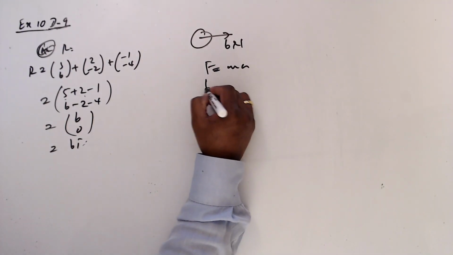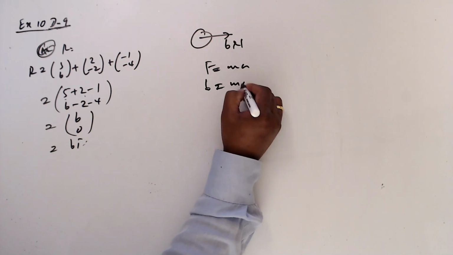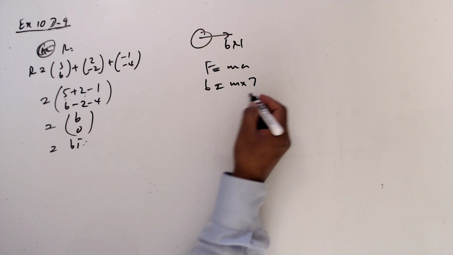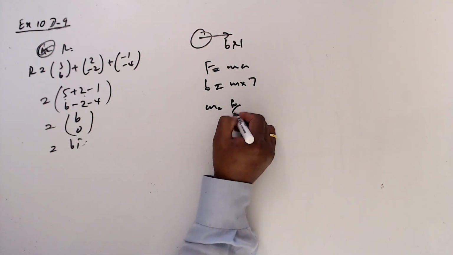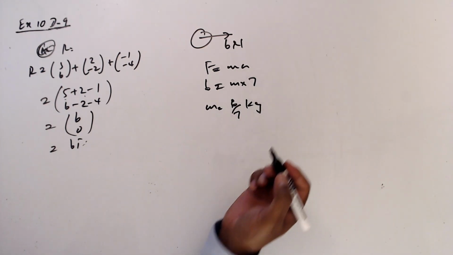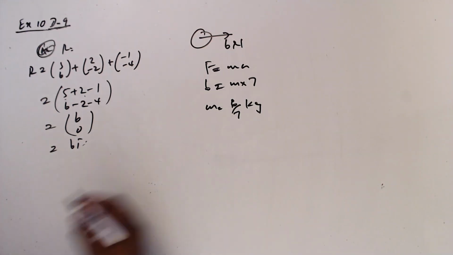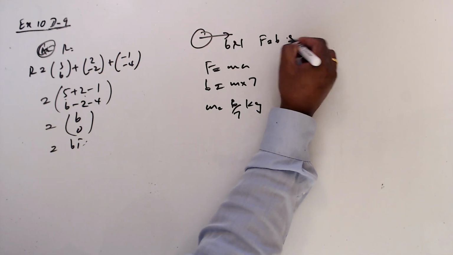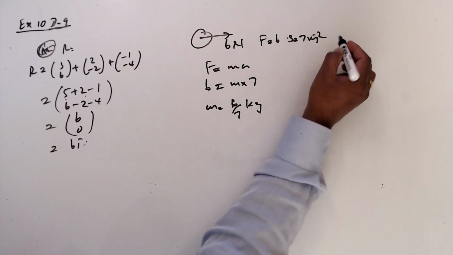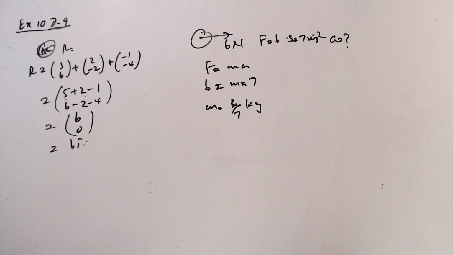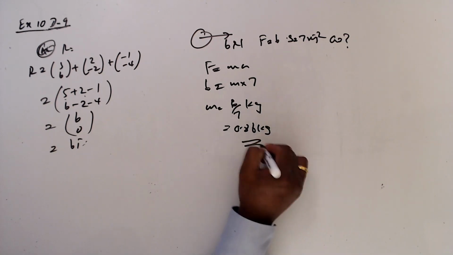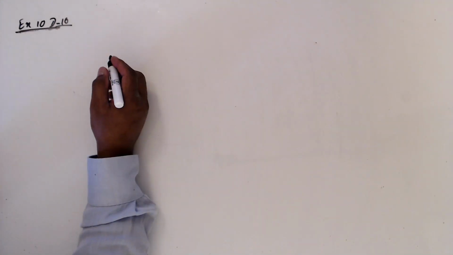F value is 6 and m we need to find. a is given as 7, so m equals 6 over 7 kg, which is 0.86 kg approximately.